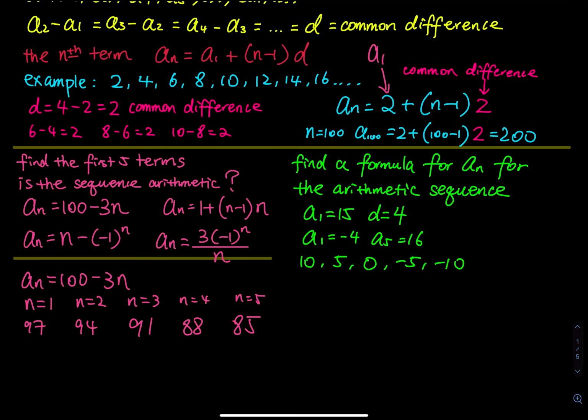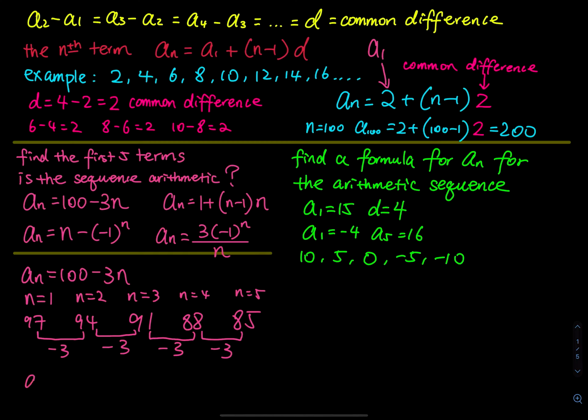Okay, what is the difference? From here to here, the difference is 94 minus 97, so negative 3, and then you subtract 3, and then you subtract 3, and then you subtract 3. Another way to read a of n is you start at 100 and then you subtract 3 as n increases by 1.